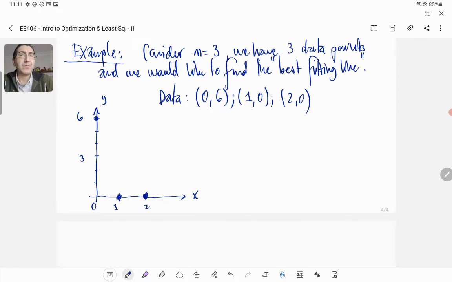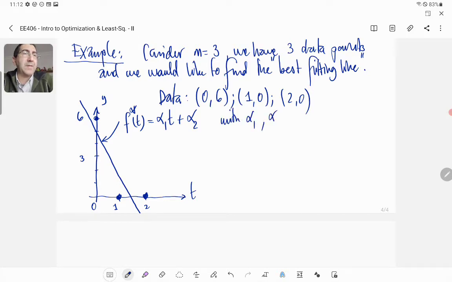Okay. And we claim that we have a best fitting line. We don't know how that line looks like. So this is F star of X, or maybe let me put this as, in this case, a different variable. Let's make this T. So this is F star of T, and that is alpha 1 times T plus alpha 2, with alpha 1, alpha 2 unknowns.